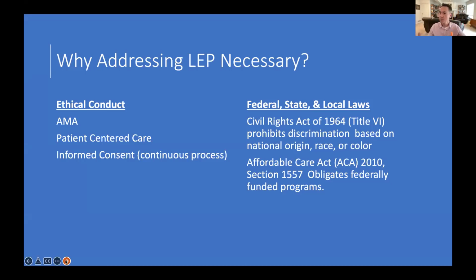Especially with procedures, anything invasive, do people have a right to ask for the process to be stopped? Do patients have a right to stop their care? Yes, absolutely. Informed consent is a continuous process. So if they have limited English proficiency, they may not be able to be advocates for their own care, correct?